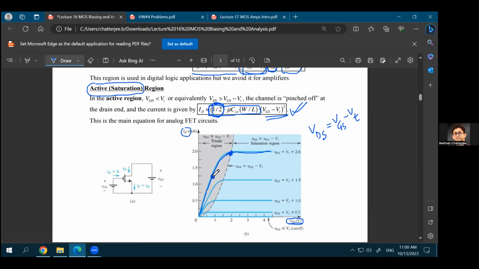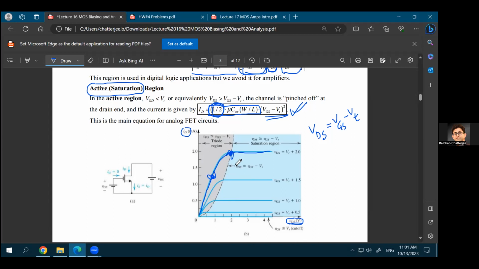Now, around this point, if you apply an AC signal at the gate terminal, we'll come to that, but right now what I'm going to say is that the AC operation could be around this point, or it could be around this point as well. So right now we are not talking about the small signal operation at all. What we are saying is that if you apply a particular amount of drain to source voltage, what is the amount of current that you're expected to see?